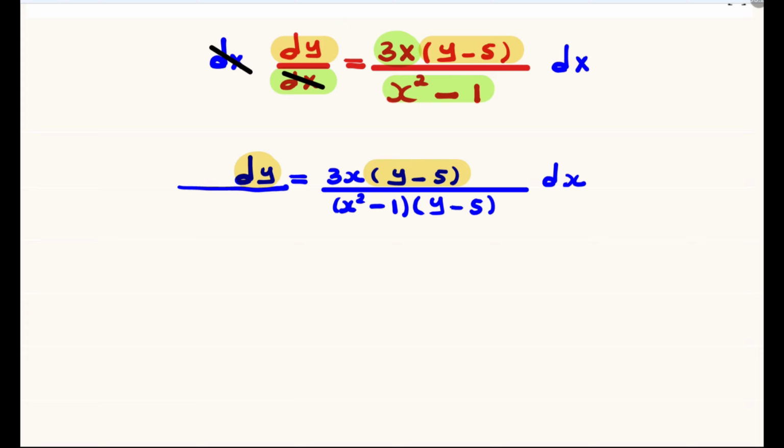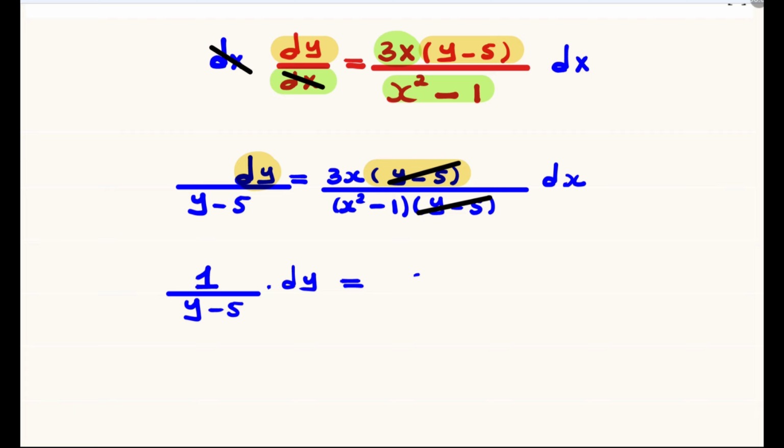What we do on the right we do on the left, so this will be divided by y minus 5, and on the right hand side the y minus 5 and that y minus 5 will cancel out and we will be left with 1 divided by y minus 5 dy, and on the right hand side we have 3x divided by x squared minus 1 dx.